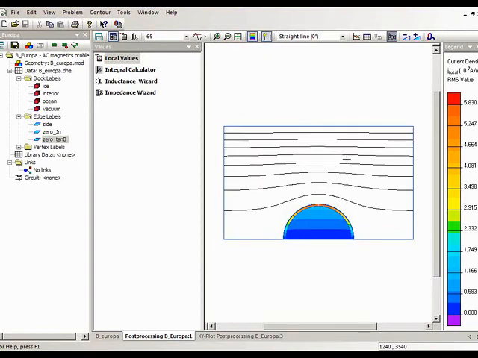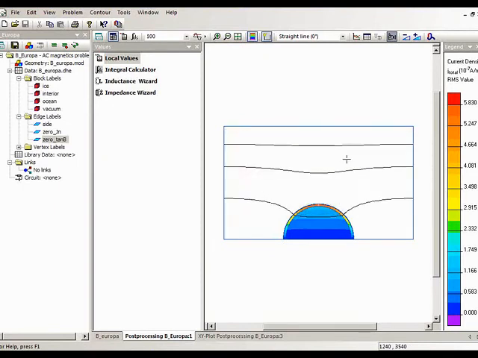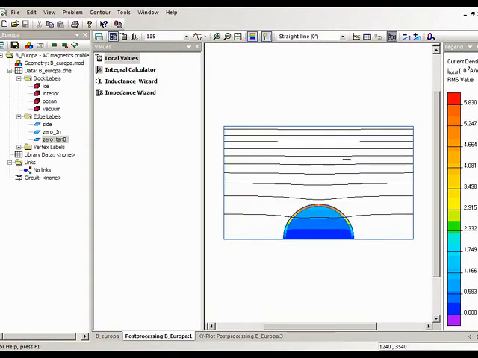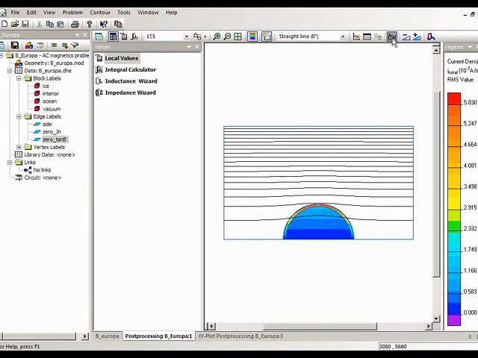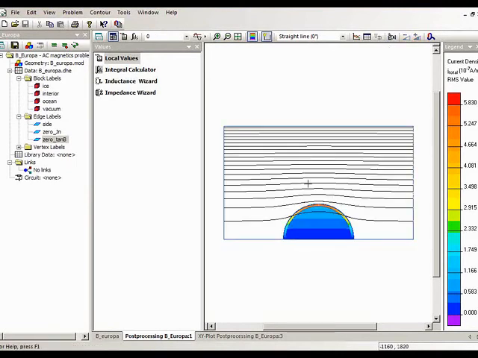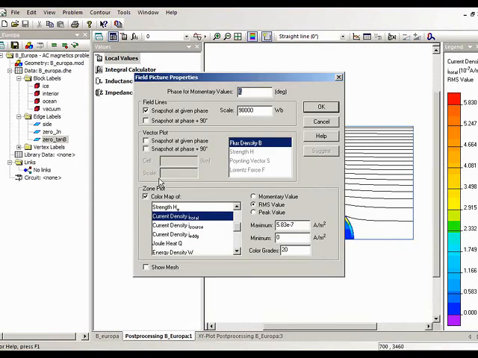Notice we can look at the quadrature phase and see the magnetic field solely due to the induced currents in Europa. So I'll stop the animation and I'll go back to the picture properties, and I want to look at the field lines at 90 degrees out of phase.